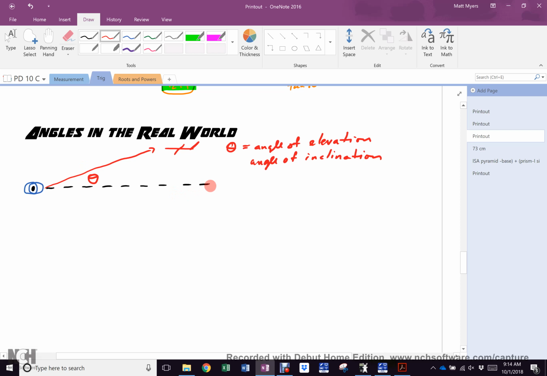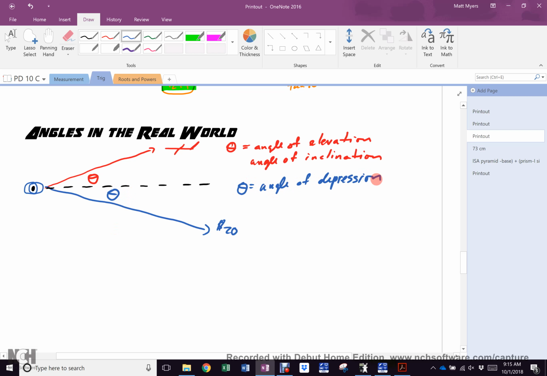After the plane flies over, somebody walking on the street right over here drops a $20 bill and doesn't notice. Where does your eye go? Down to the $20 bill. Now your eye has moved down. So the blue theta is what we call an angle of depression.